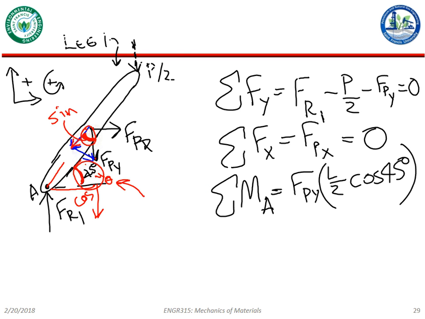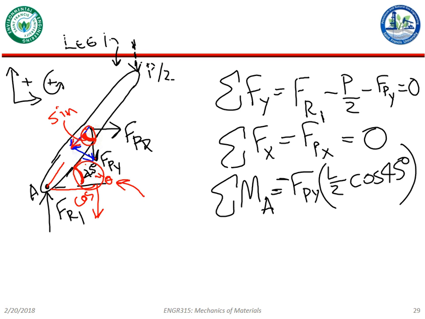Okay, so getting back to our problem, we have FPY with an appropriate moment arm, and it is directed in what direction, positive or negative? Negative, right, according to our sign convention.